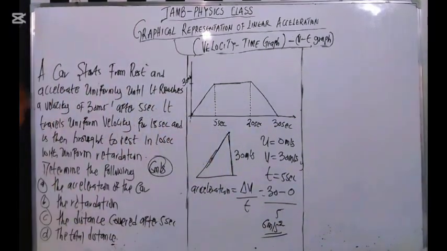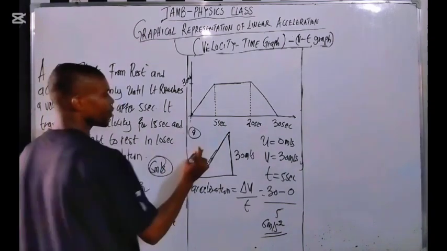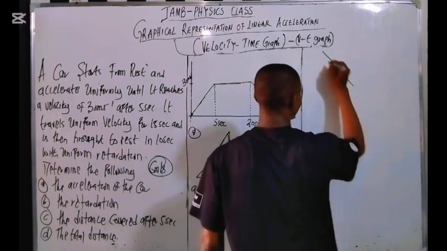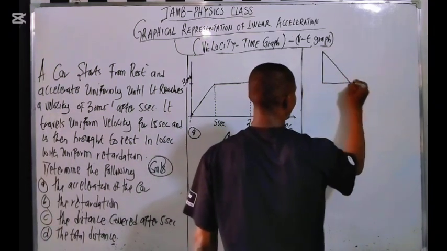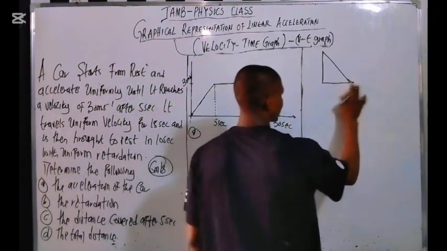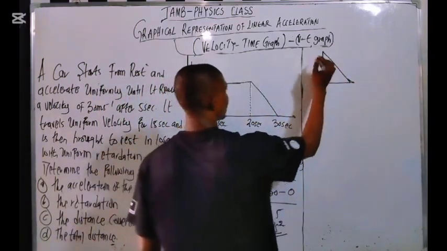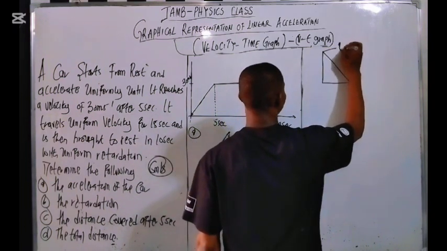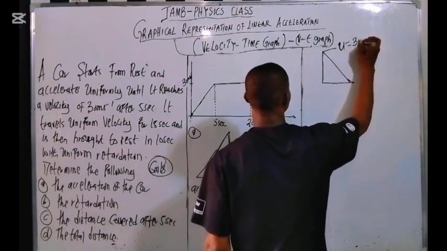Yes. So let's look at the retardation. How do you calculate the retardation? Look at the part that is coming down. The acceleration here is the retardation. At this top here, my initial velocity is 30 meters per second.